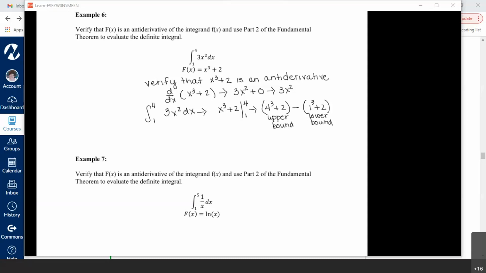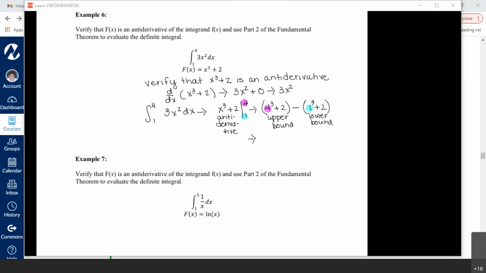In case you can't see where these numbers are coming from, here's 4, there's 4, there's 1, there's 1. I'm just plugging the upper bound into my antiderivative, and then my lower bound into my antiderivative. The rest of it is just arithmetic.